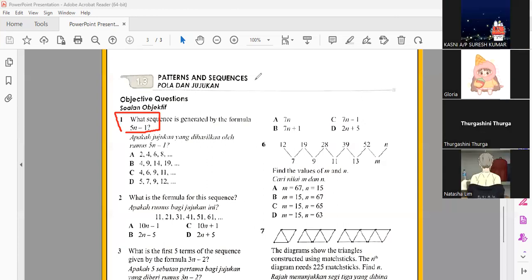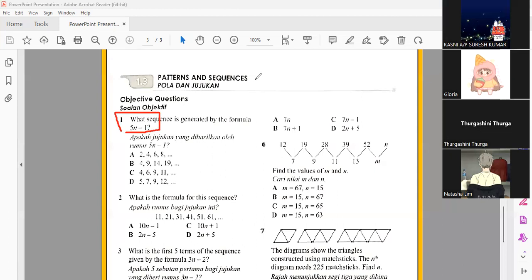You are generating a table of possible answers. Now your n is 1, your 5n minus 1 is 4. Now if your n is 2, so 2 times 5, it's 10. 10 minus 1 is 9. Can you see?